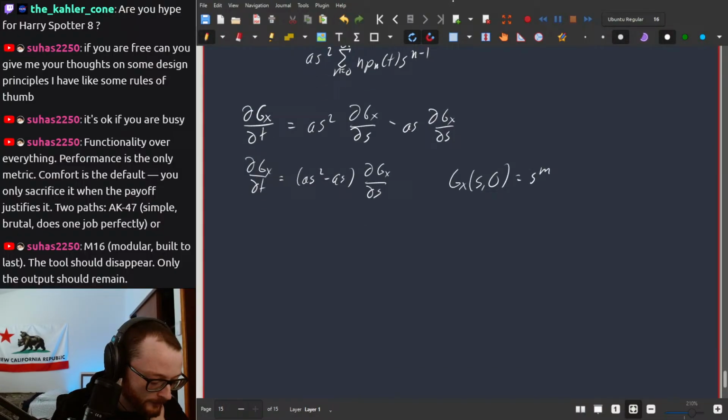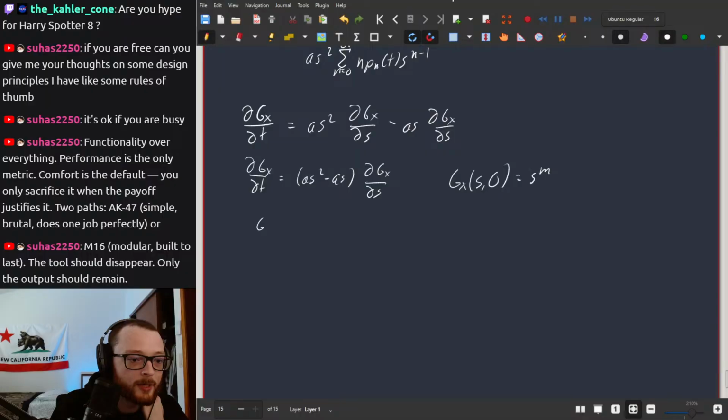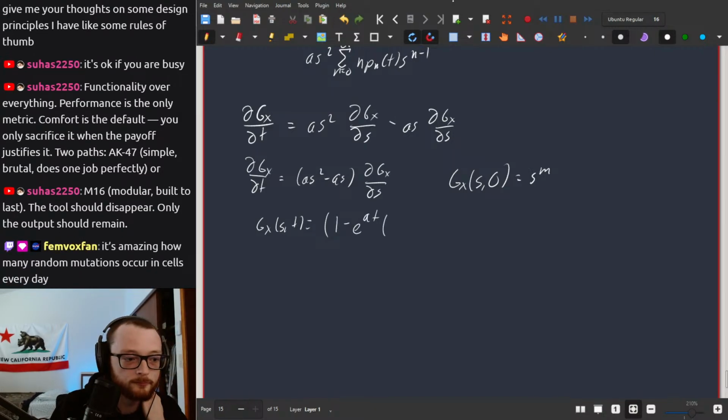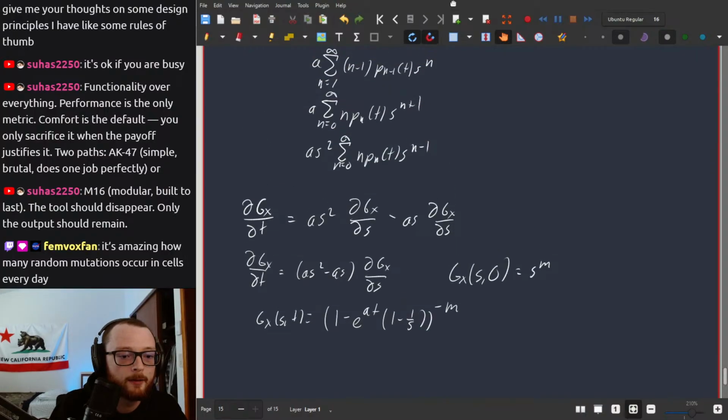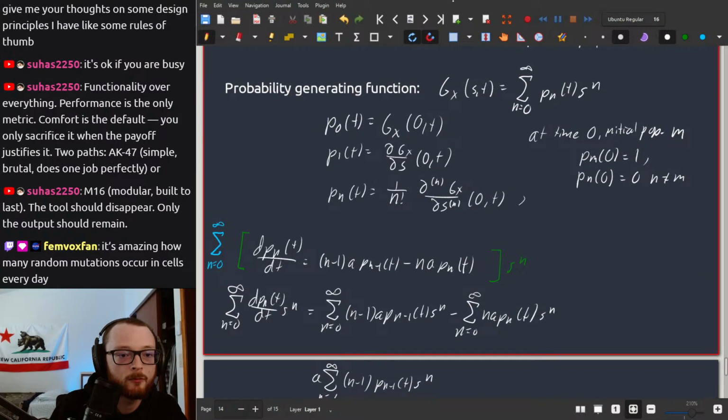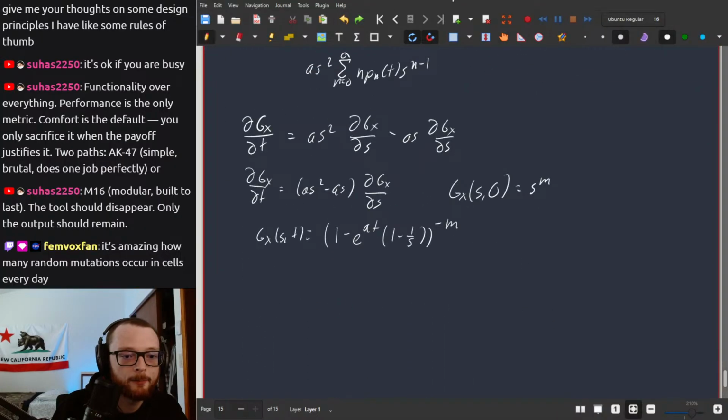Okay, then when you solve this PDE, you get a pretty clean looking solution, to the minus M. And so with the formulas that we had up here, we can recover any P sub N we want from this thing.